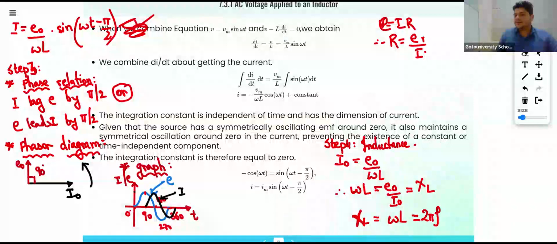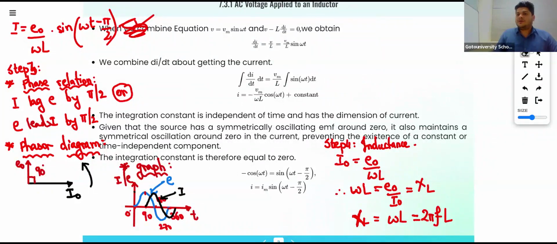Omega is 2 pi f, so that will be 2 pi f into L. XL will be equal to omega L, and omega will be equal to 2 pi f.